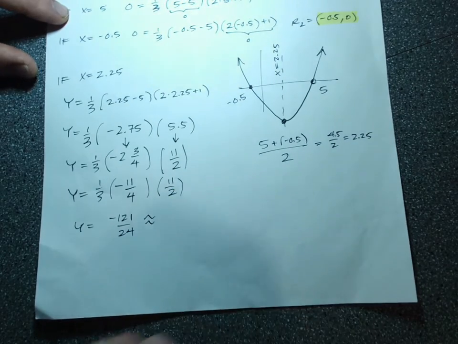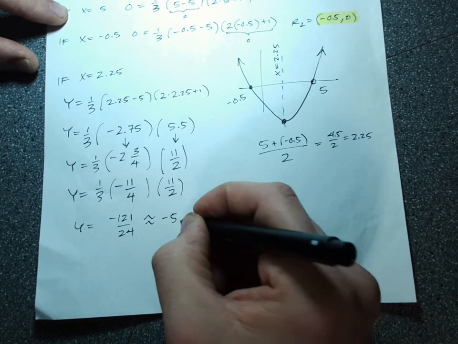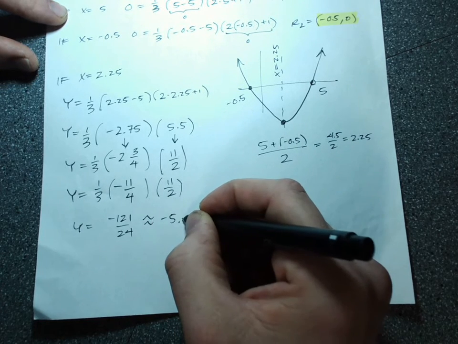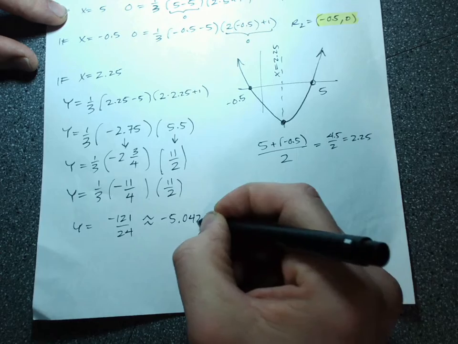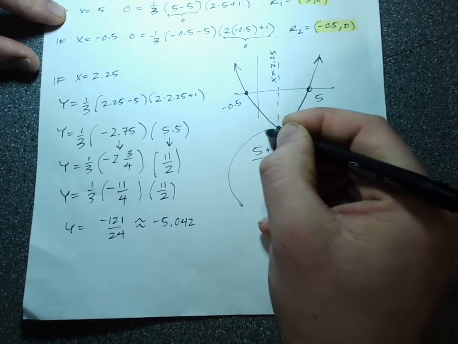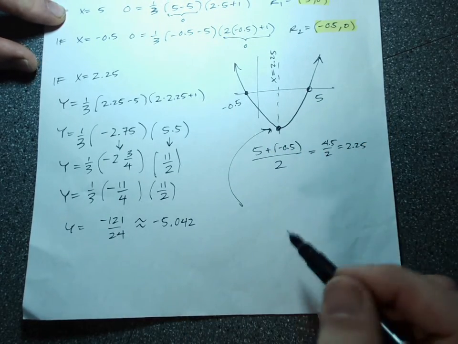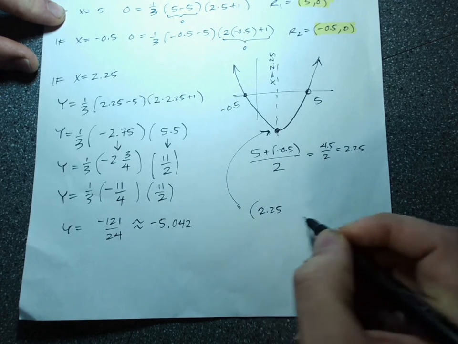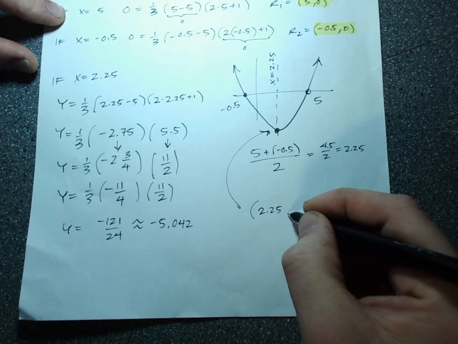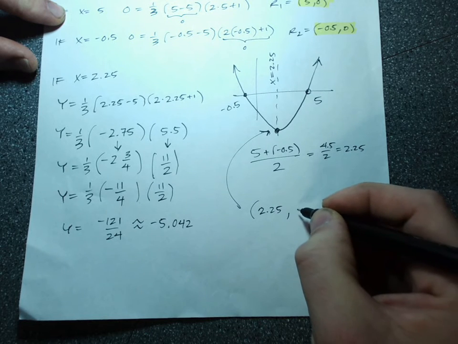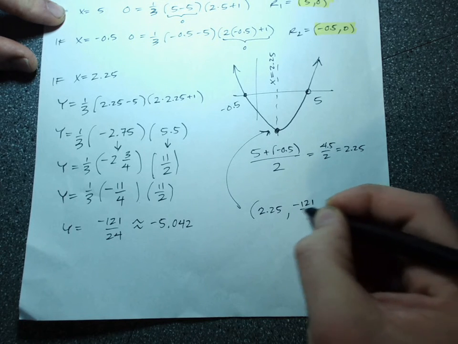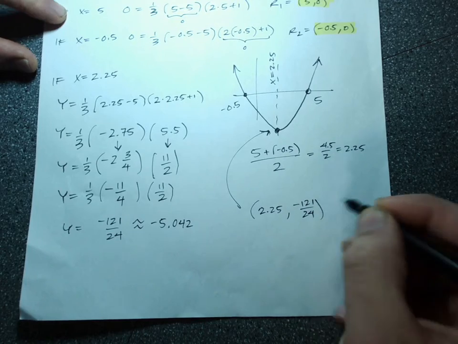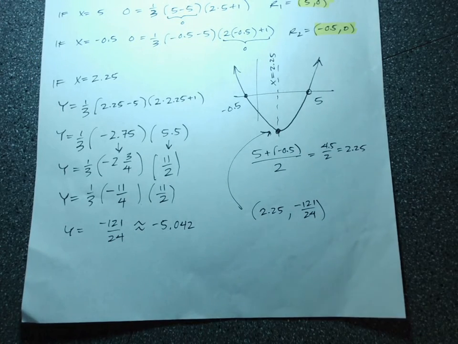If it's a calculator problem and you just want a decimal approximation, that is the same as negative 5.042. So let's summarize here. That point then is at 2.25, and that's not rounded, so it's okay to leave it like that. And to be accurate, negative 121/24. That is the vertex.